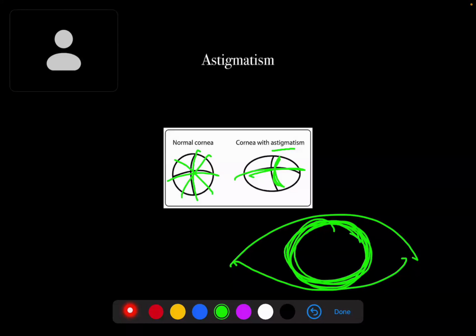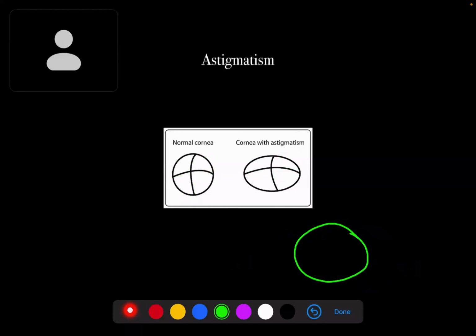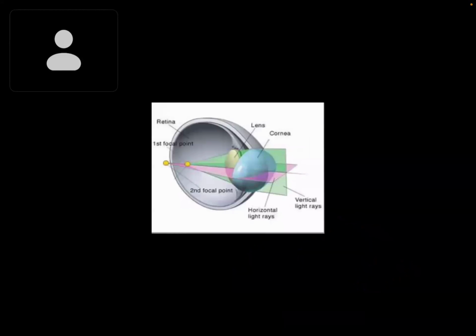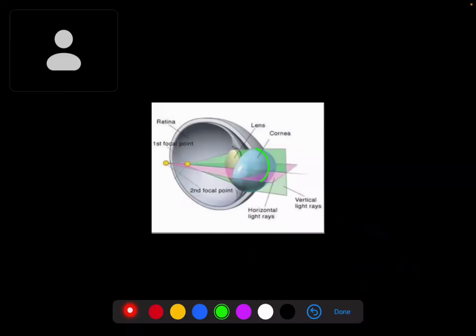Now what happens? When the light falls on this, it cannot focus properly in one single place. If you look here, in this way, the curvature is short, high curve, here a low curve. So any light that falls along this path will go far away.